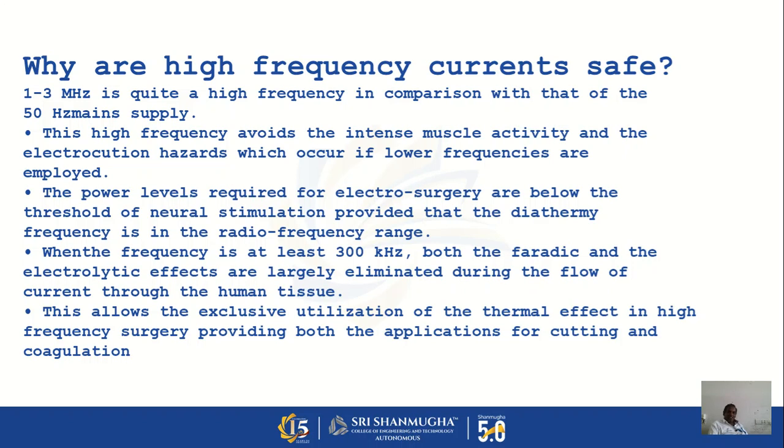In our house, the frequency we are using is only 50 Hz, but in diathermy we are using 1 to 3 megahertz. The minimum is 1 and maximum is 3 megahertz generally. Mega is 10 to the power 6. Now you can easily compare the 50 Hz main frequency and megahertz.